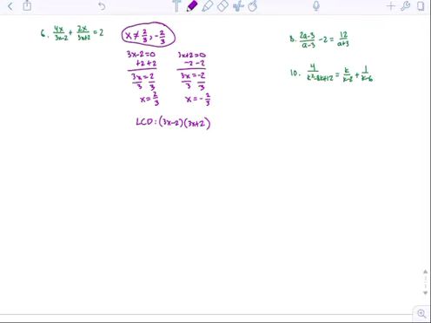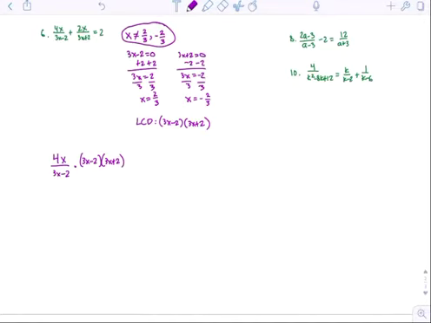And this is what we're going to multiply to each part. So 4x times 3x minus 2. Multiply each part, right? We're going to multiply each part by the LCD.